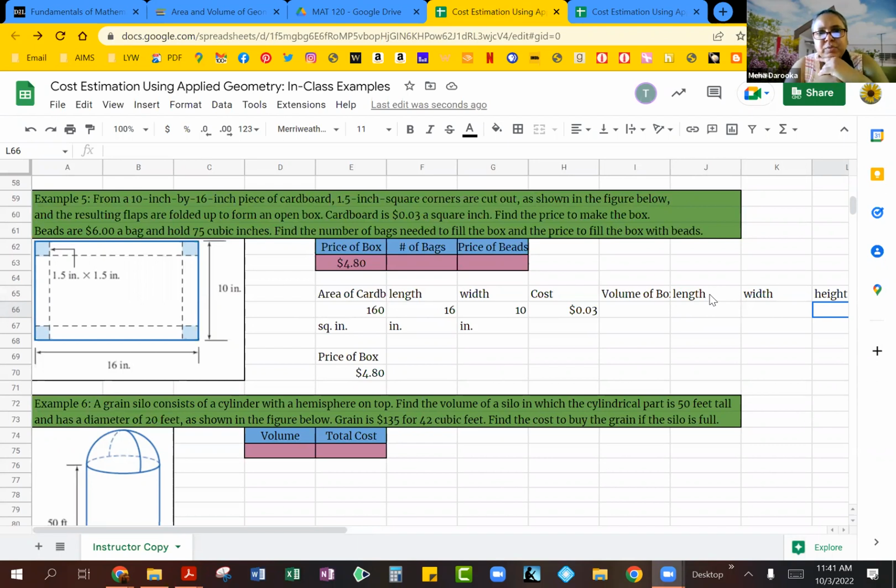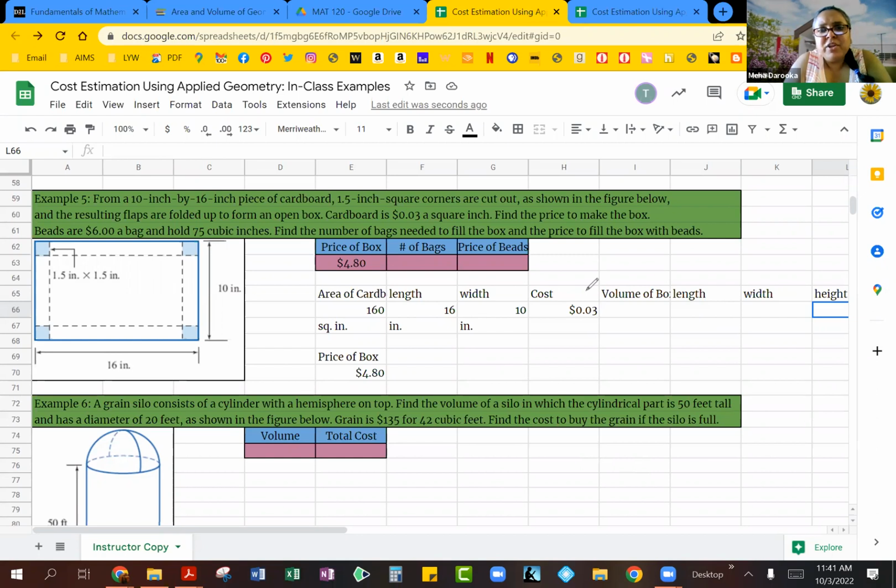And then the height would be the length of 1.5 inches. Yeah, and that's kind of what I'm asking you guys, so I can make sure everybody is comfortable. So Amanda, because you are cutting off those corners, you will not keep the original measurements. So let's take a look at this here, guys. Okay, Sabrina, I see your answer.